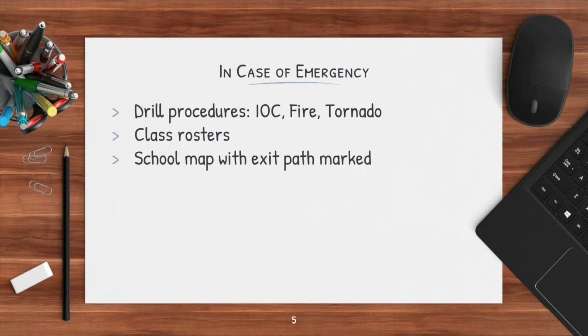So they need to know what to do. And in the case of a real emergency, they need to know where to go. So include an extra copy of the class rosters for all of your classes so that they can take roll and make sure they have everyone. And also include a school map with the exit path clearly marked for each of these scenarios.